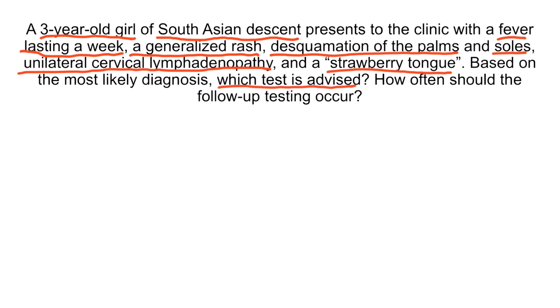So based on the presentation, this patient meets the criteria for Kawasaki disease, which, again, are at least 5 days of fever and at least 4 of the following criteria: 1, bilateral non-exudative painless conjunctivitis that spares the limbic area, 2, oral mucosa changes, so we're thinking a strawberry tongue, and 3, a generalized rash, which we also see in this patient, 4, peripheral extremity changes, induration of hands and feet, or desquamation of the palms and soles, which we also see in this patient, and 5, cervical lymphadenopathy greater than 1.5 centimeters.